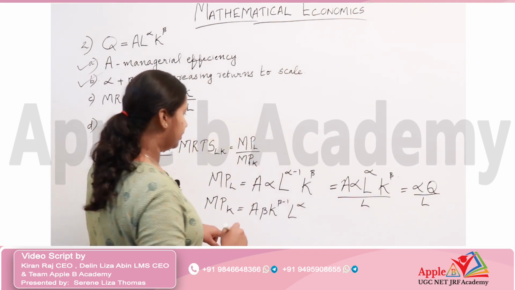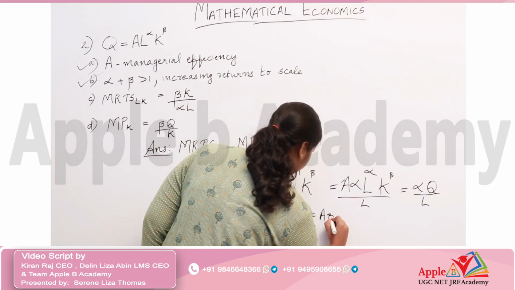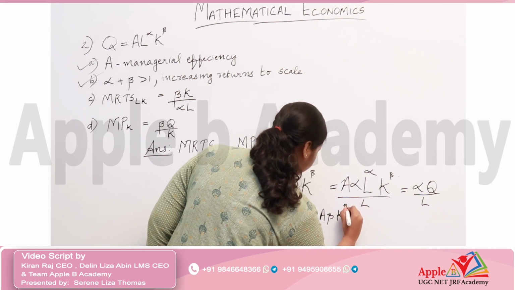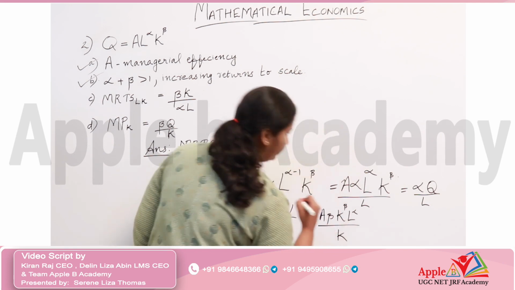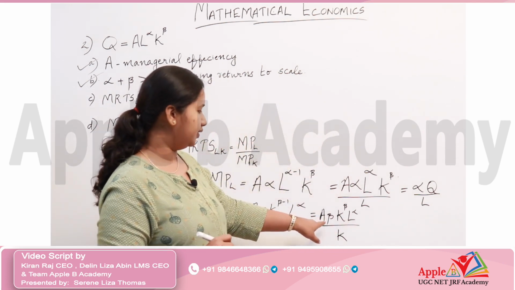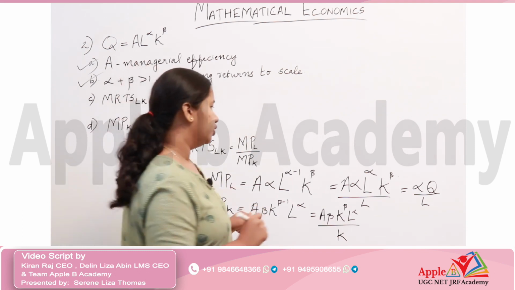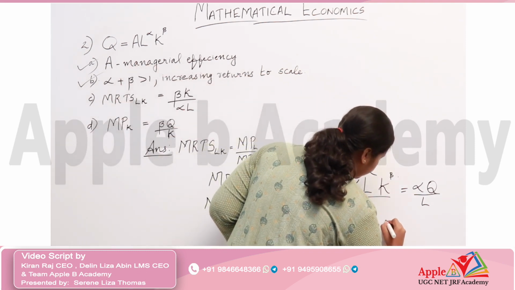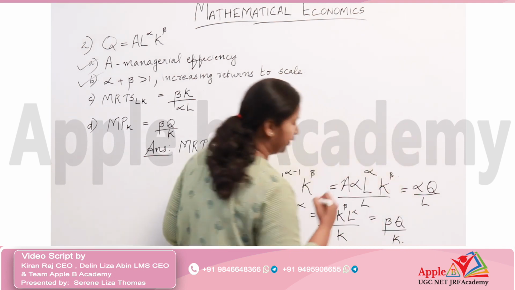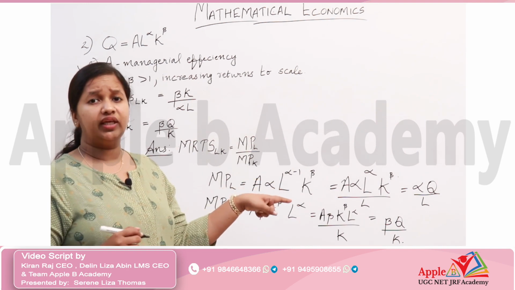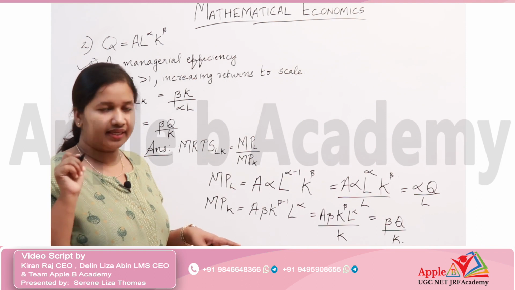This can be written as A beta K raised to beta L raised to alpha by K. Again, if you look at this, A L raised to alpha K raised to beta is Q. So you can write it as beta Q by K. So we now have the answers for MPL and MPK.